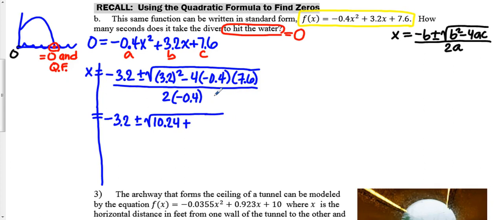And then on my calculator, I can just do 4 times 0.4 times 7.6, and I get 12.16. All divided by 2 times a negative 0.4 gets me negative 0.8. Adding what's underneath the square root, 10.24 plus 12.16, I get 22.4. Did you get that?